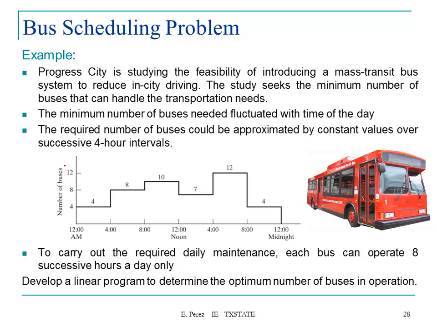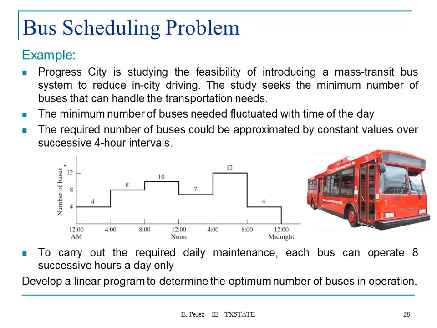Now, to carry out the required daily maintenance, each bus can operate 8 successive hours a day only. Which means that if the bus starts its shift at this point, it can only operate until 8, and then it has to be taken to maintenance.